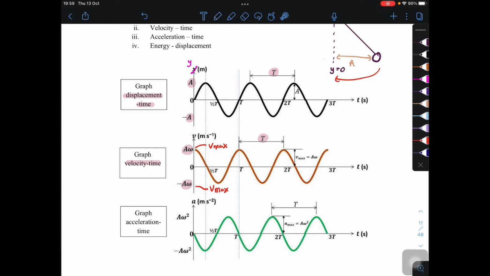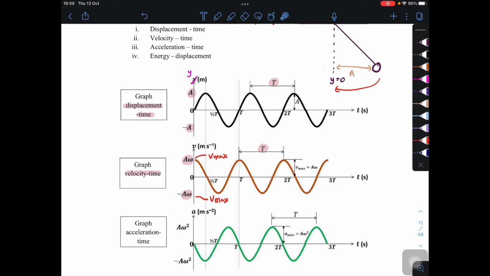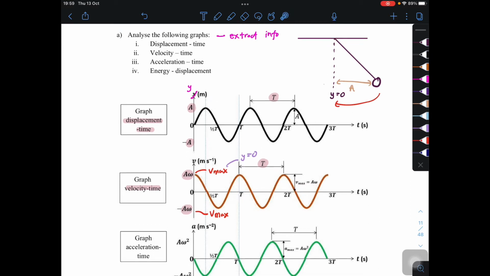Okay, kalau kamu perasan, the point here is at maximum when y is equal to 0. So at point here, apabila y sama dengan 0, velocity is at maximum.